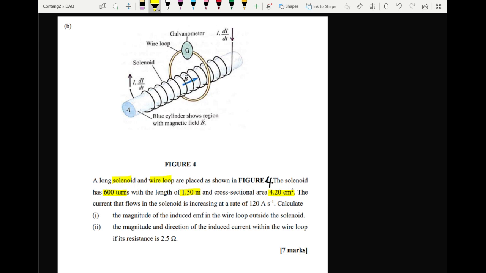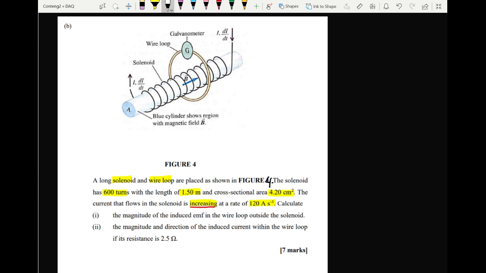The current that flows in the solenoid is increasing at a rate of 120 ampere per second. So for number 4B, the current was increasing, while for 4A, it was decreasing. Decreasing means negative. Increasing, positive value.